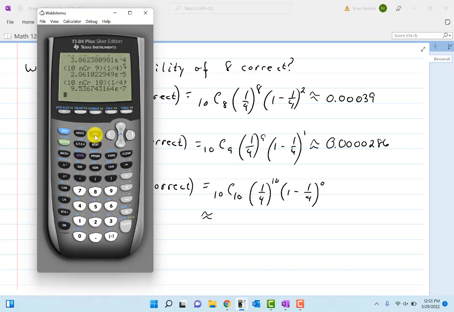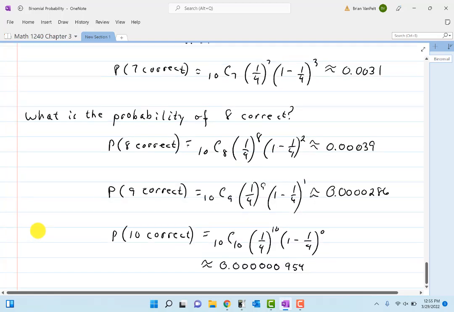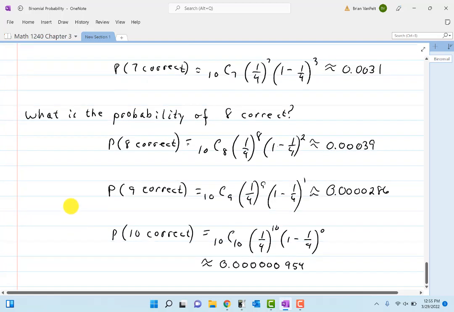Now this is a super low. That E-7 means there are 6 zeros before you have the 954. So we have 0.12345, zeros, 954. I mean, you could round to 6 decimal places or whatever. I just want to have enough decimals to see the numbers. So what we've calculated is 7 or more correct.